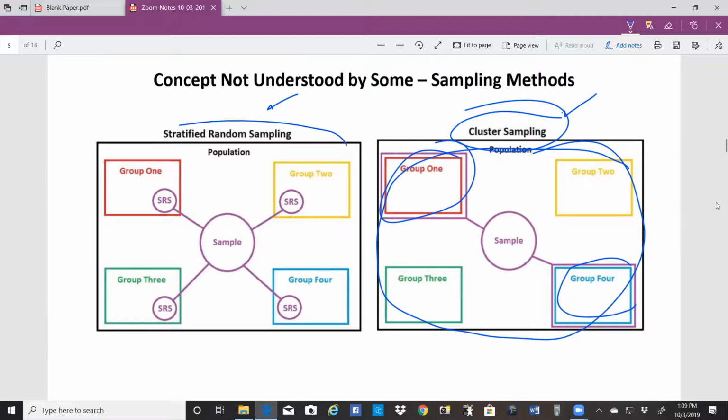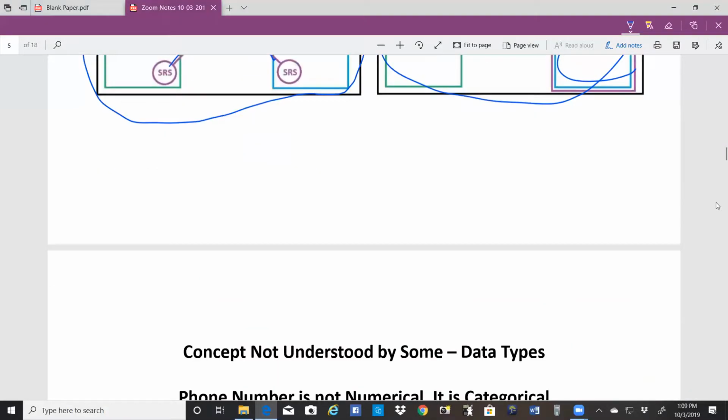If you break up the population into a bunch of groups and you sample from each one of them, that's called stratified sampling. And if you go back and look at your test, it should be obvious what you may have missed there. If you have any questions, give me a call, email me, or text me or something.